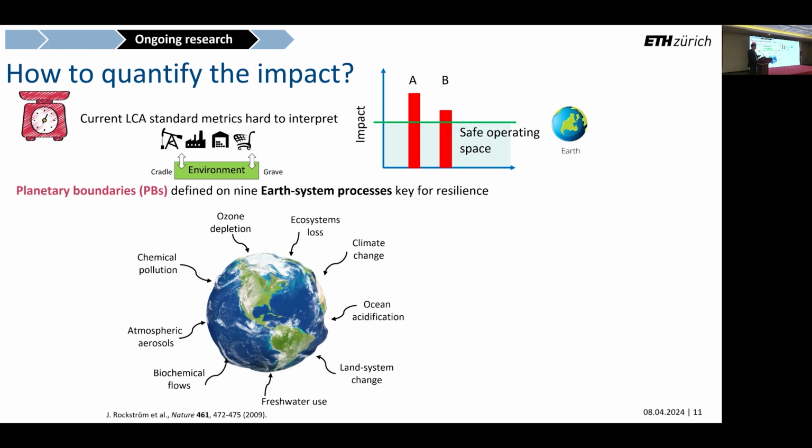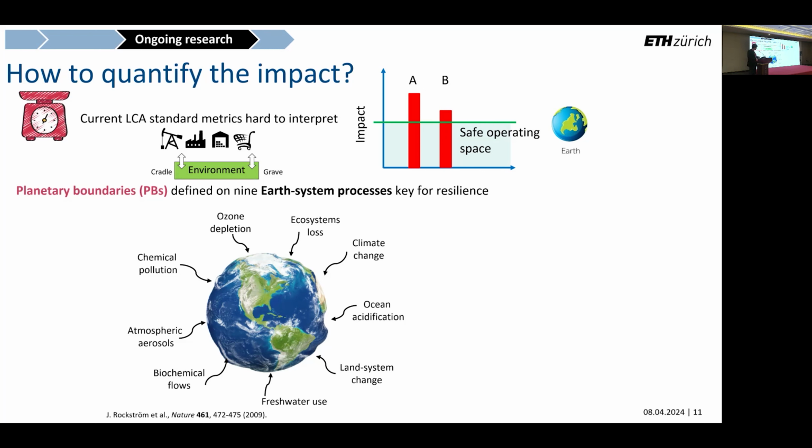We have other environmental impacts that are critical. For example, biosphere integrity, ozone depletion, the release of novel entities, aerosol loading, the chemical flows of nitrogen and phosphorus, the consumption of water, land system change, and ocean acidification, and all together they regulate the stability of the entire Earth system. It's not just about climate change.